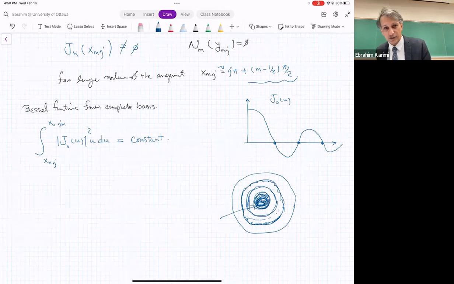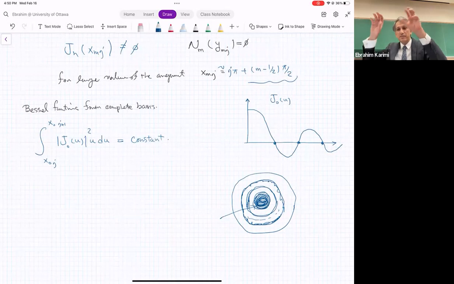Essentially, if I look at the Bessel functions, or let's say Bessel modes, that's another property. And this brings us to a very important point: whenever you deal with the Bessel functions, they are not normalizable. If we look at the integral of J0 of u, u du from 0 to infinity, that is definitely infinity.